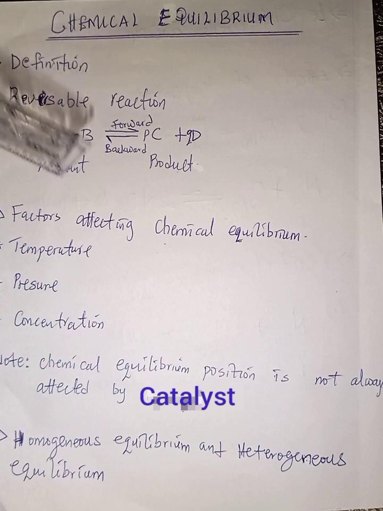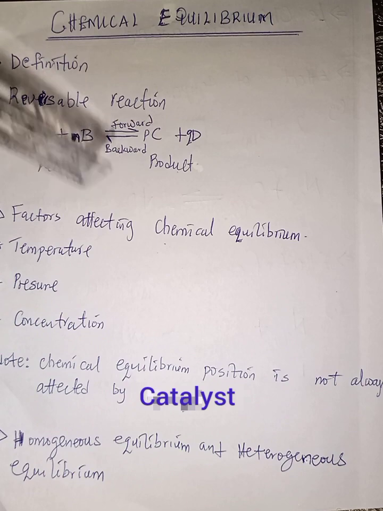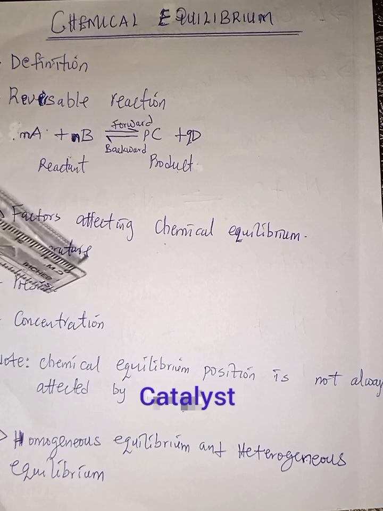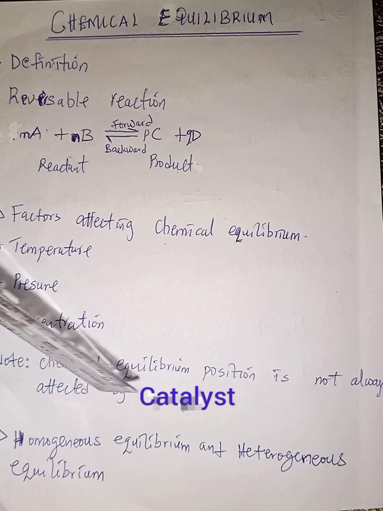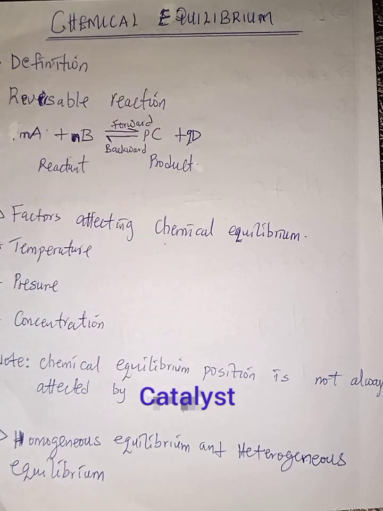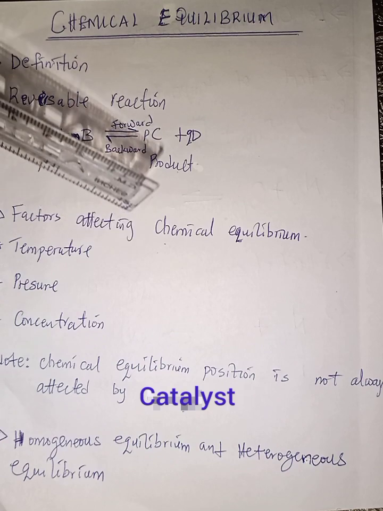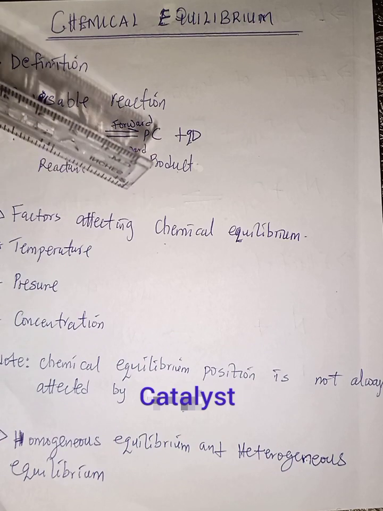Now, this chemical equilibrium can be affected by the following: temperature, pressure, and concentration. It is not affected by a catalyst. That means catalysts do not affect the equilibrium position of a chemical reaction.